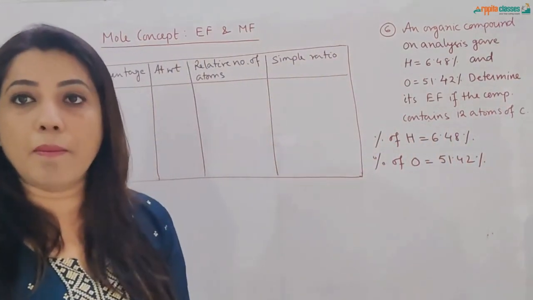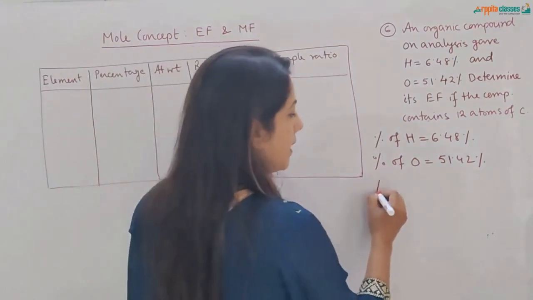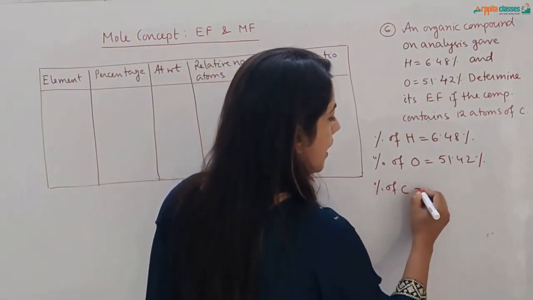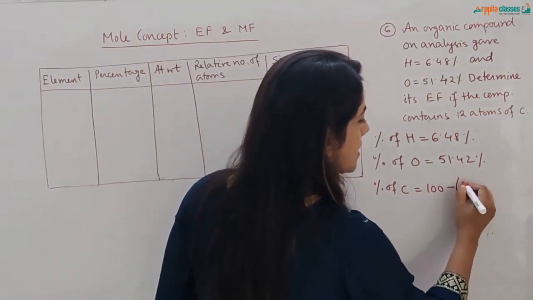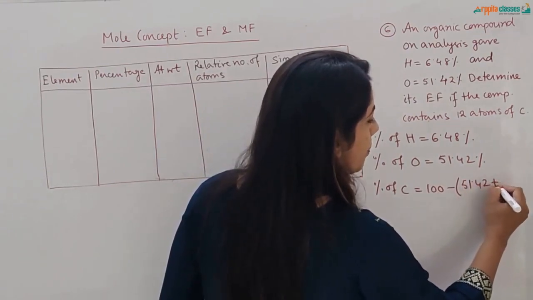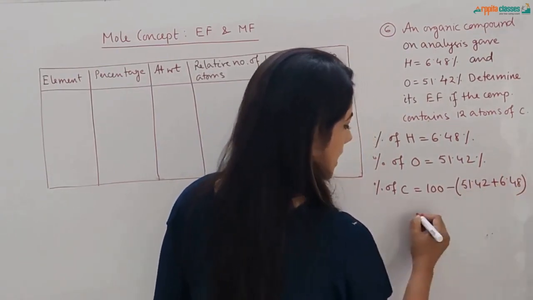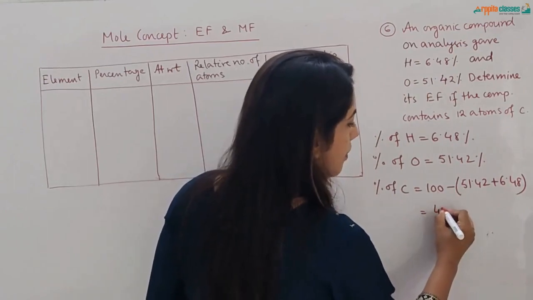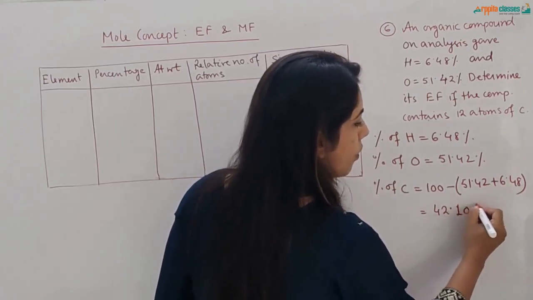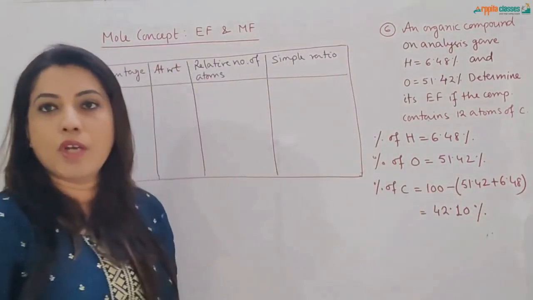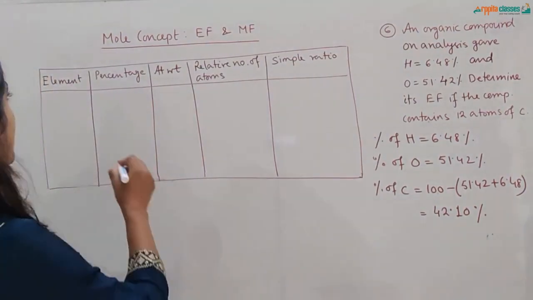Since it is an organic compound, it contains some amount of carbon and the percentage of carbon would be 100 minus 51.42 plus 6.48. And if you calculate this, it will come 42.10%.